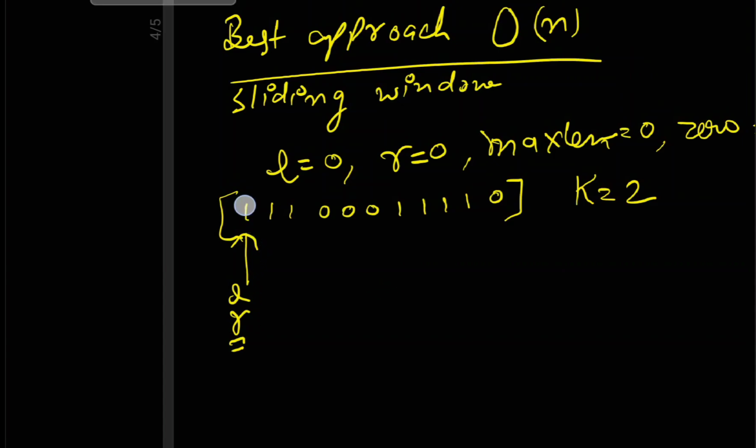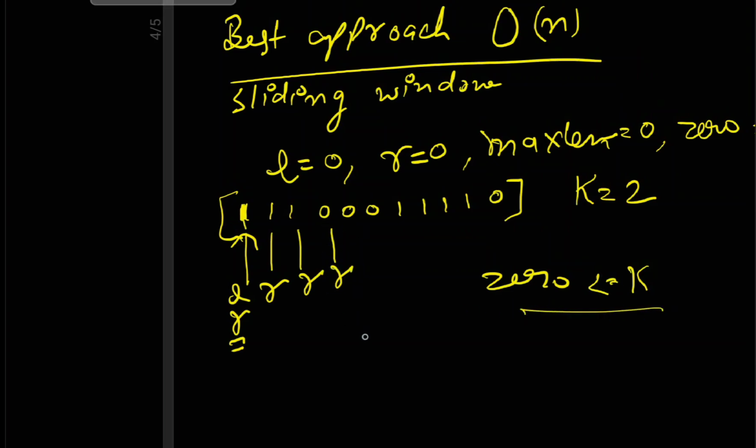So initially I am starting at the 0th index, which is 1, and next will be this, next will be this. We will move our right index to the right side until we find zeros count less than or equal to k. I will move my right.